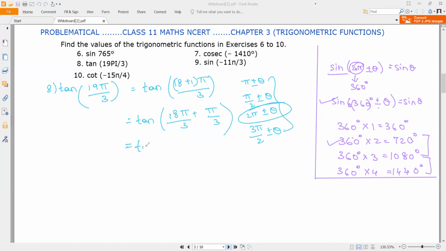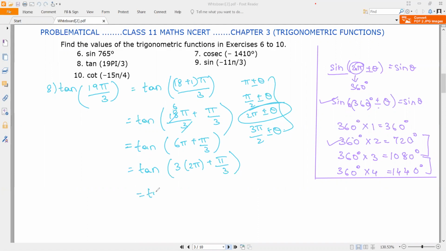This is equal to tan of 6 pi plus pi by 3, which is tan of 3 into 2 pi plus pi by 3. So it is equivalent to n into 2 pi.